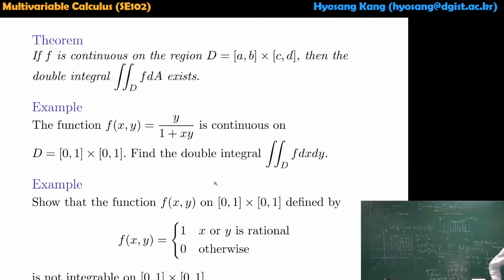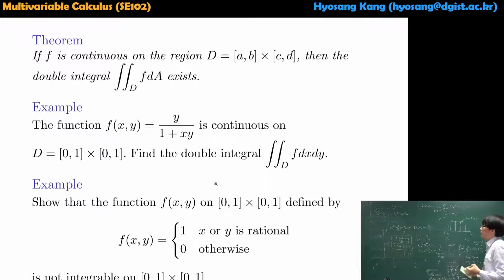But let me just state the theorem. If f is continuous on this rectangular region, then the double integral exists. Okay. So as long as you are talking about continuous functions, you don't have to worry about whether the double integral exists, which means whether the limit exists or not, it always exists.